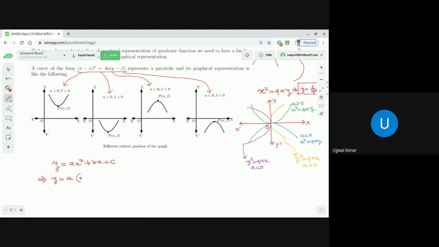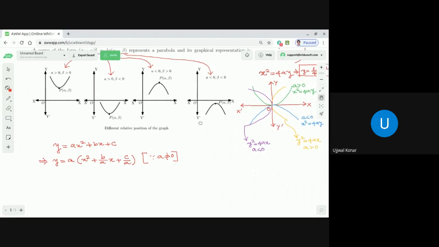We can take a common, then x square plus b by a into x plus c by a. Correct? Why are we able to do so? Because a is not equal to 0.